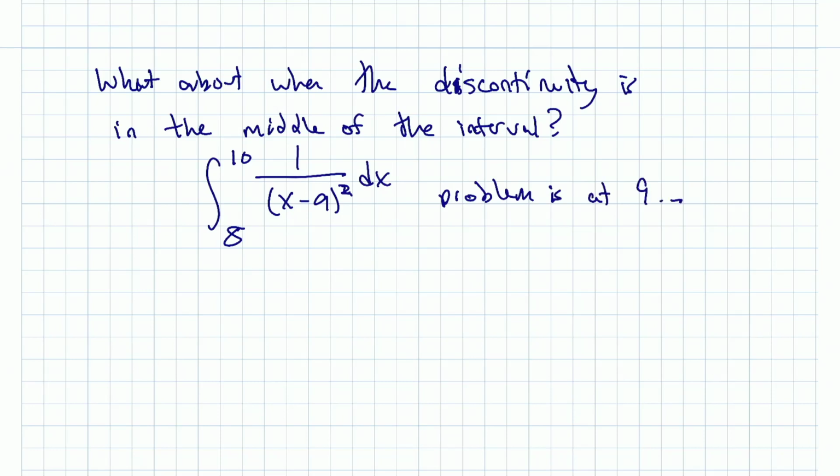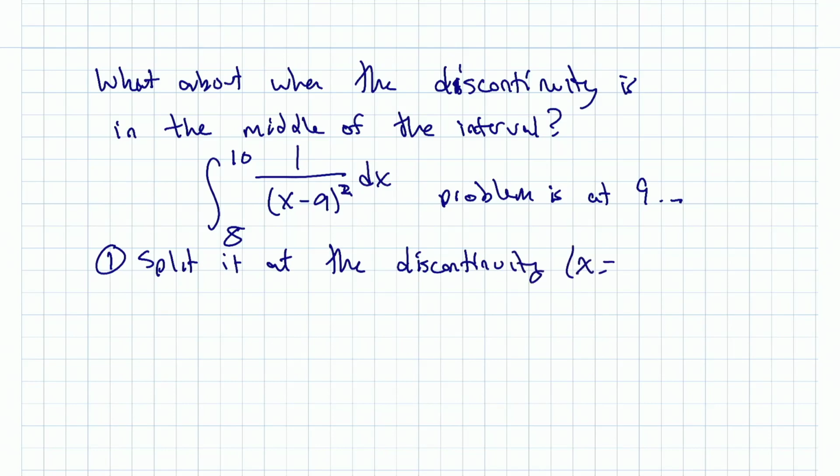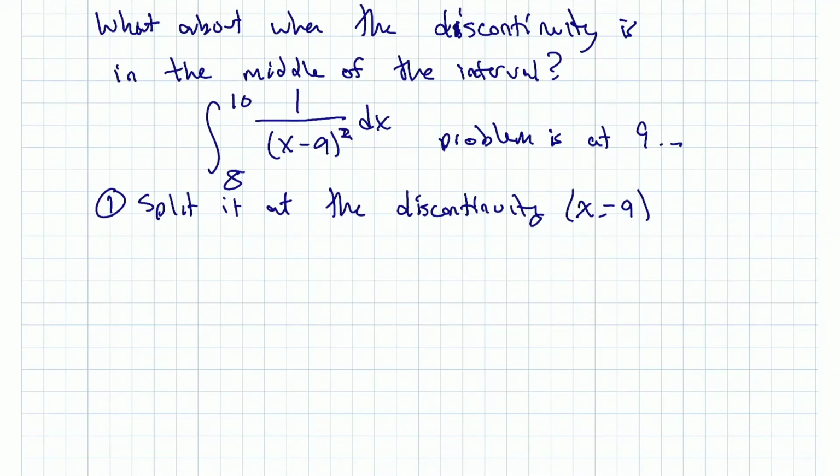Well, what you do is very similar to what I said to do for the negative infinity to infinity limits. You split it at the discontinuity, which is x equals 9. So the problem's at 9, so instead of doing 8 to 10, you do 8 to 9, and then you do a separate integral from 9 to 10.